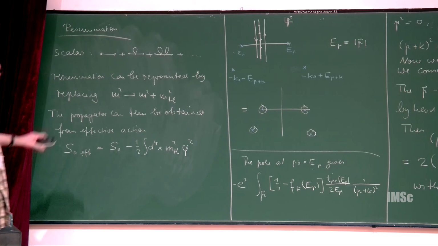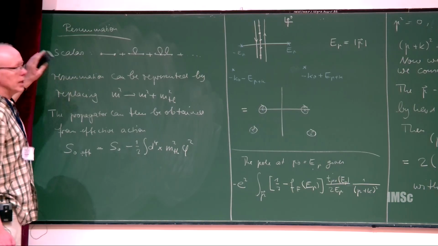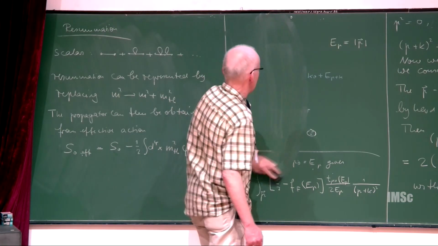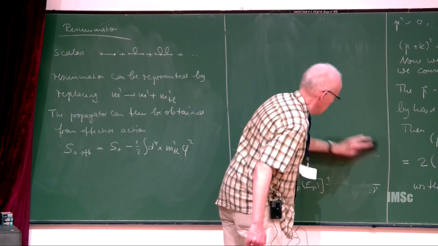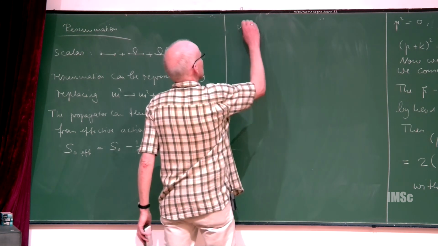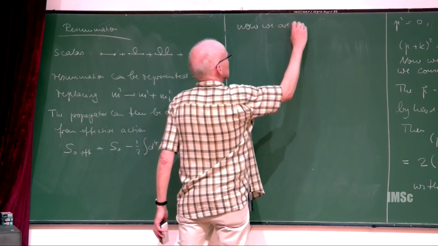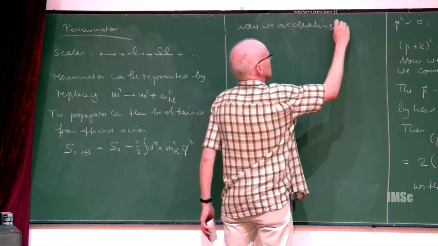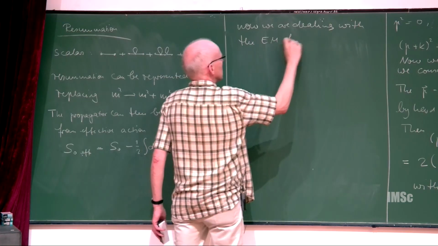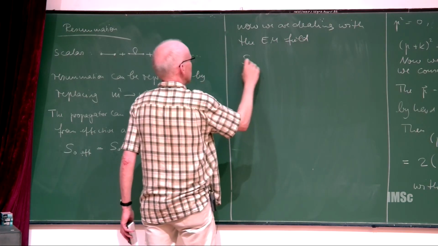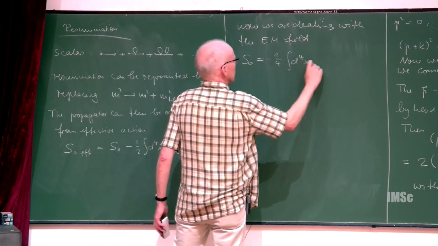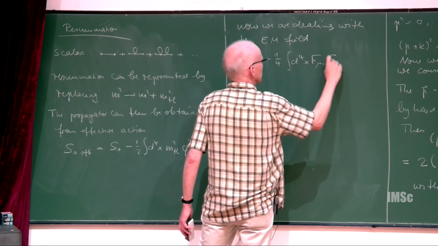Instead of the scalar field, we are now dealing with the electromagnetic field, where the free action is -1/4 integral d^4x F mu nu F mu nu.